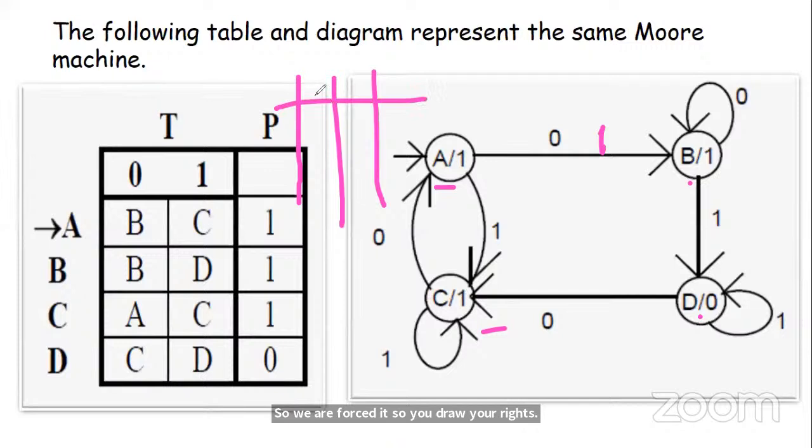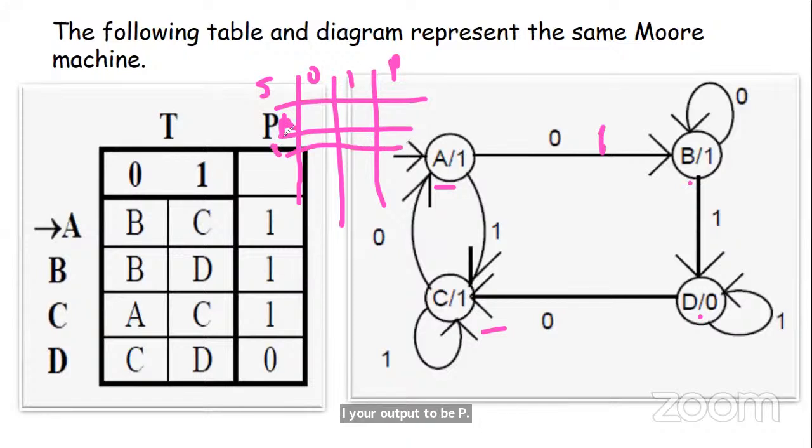You have your input to be 0 and 1, and your output to be P. Then here to be your state. So you put in your states: state A, state B, state C, and state D.